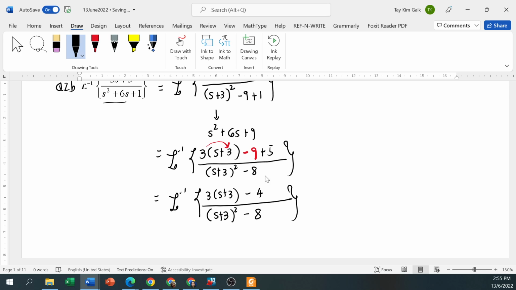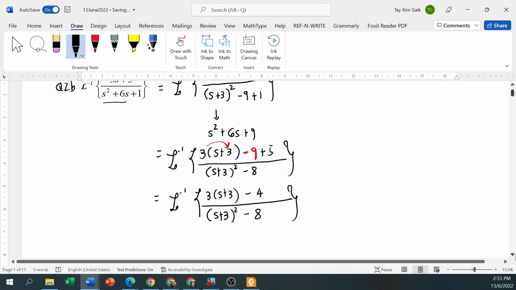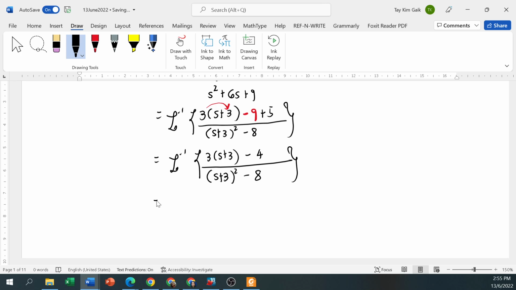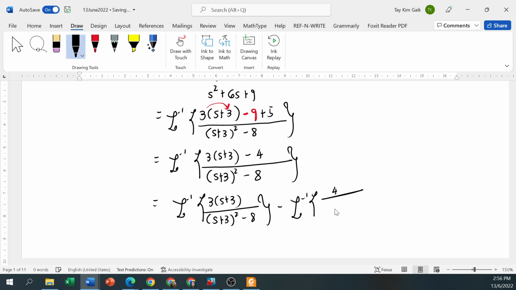Then we can break the numerator into two terms: 3 times (s plus 3) divided by (s plus 3) squared minus 8, minus the inverse Laplace of 4 divided by (s plus 3) squared minus 8.